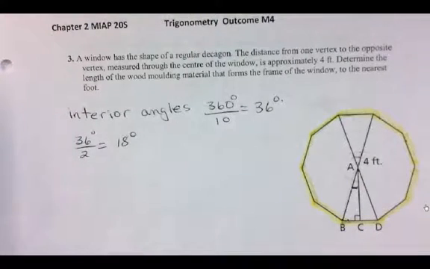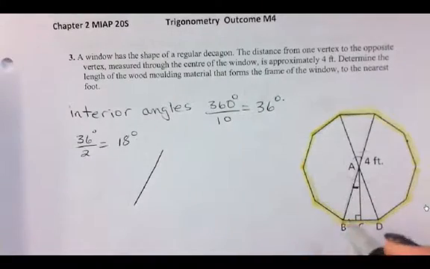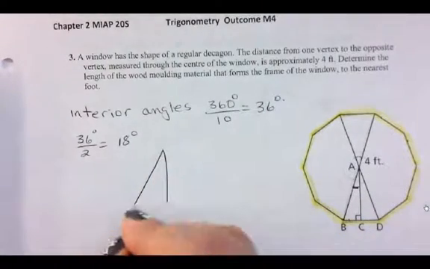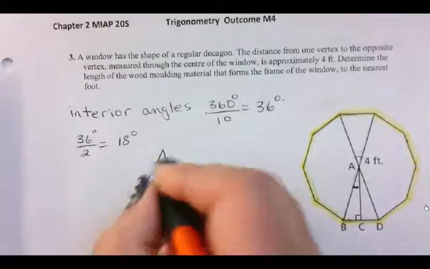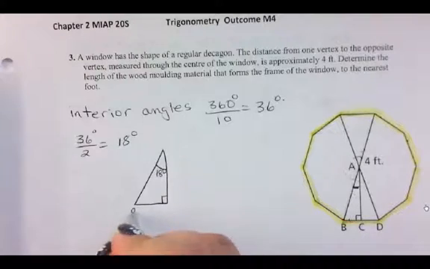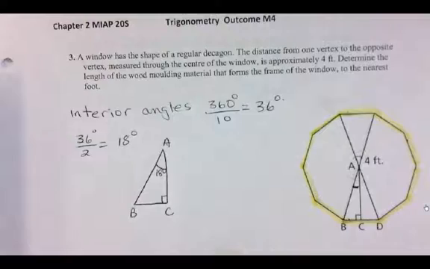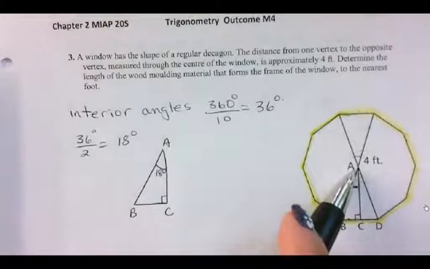So now the triangle that I'm going to try to use and deem important in my life at the moment is this one right here. I'm just going to take this part and I'm going to draw it over here. All right, so this is going to be 18 degrees, and let's call this BC because that's what it's called here, and call that corner A because that's this corner right here.